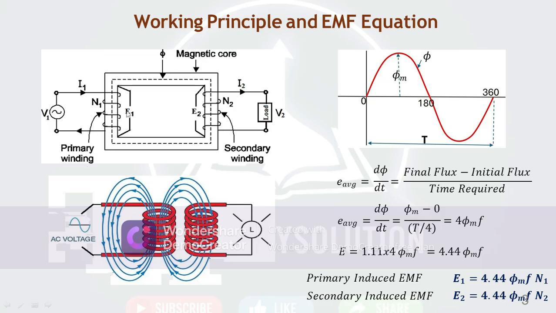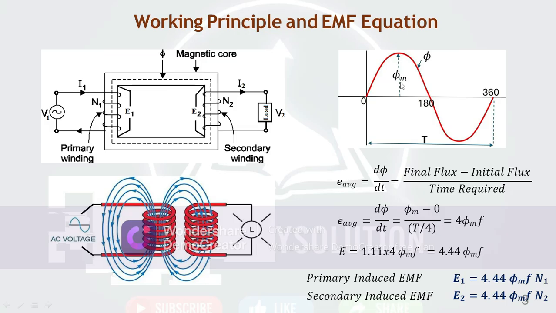The basic principle is mutual induction. Now, the EMF equation. How are we going to derive the EMF equation? This is a graphical representation of the flux drawn through this core.